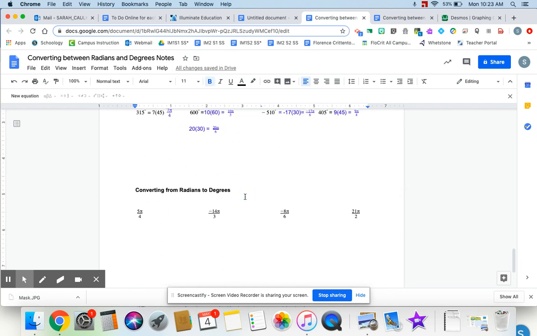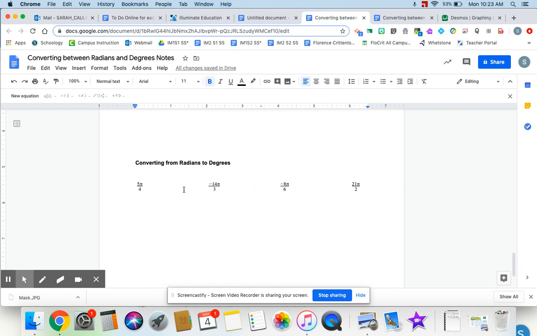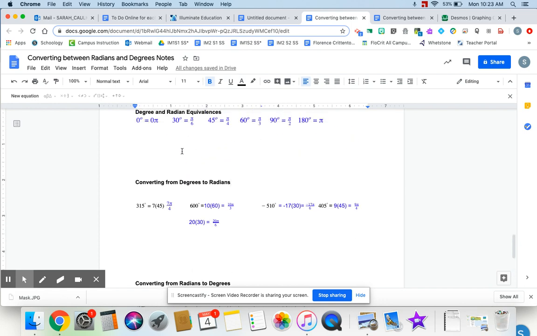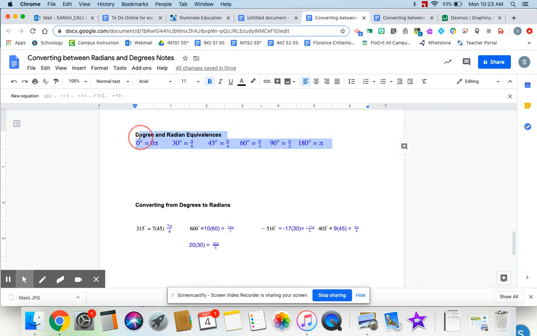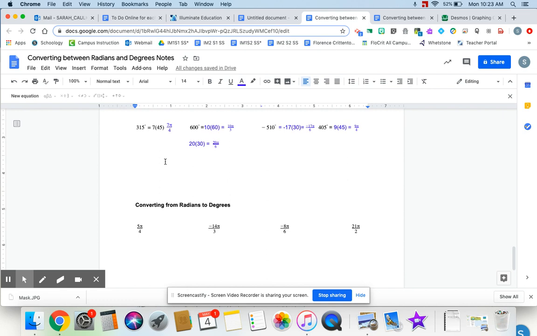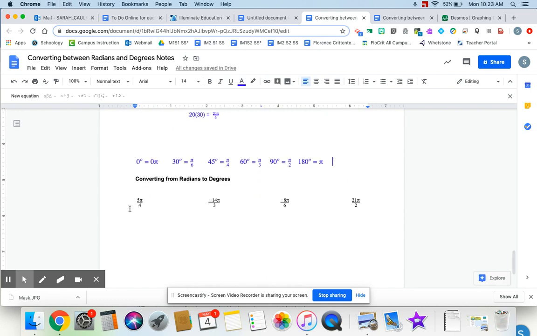If I want you to go from a radian to a degree, it's almost simpler. Here, I'm going to copy this little chart for a second, because you don't even have to divide to figure it out. You simply replace whatever the pi over blank is with what its degree is. So I have 5 pi over 4s, but a pi over 4, I look at its degree, is 45 degrees.